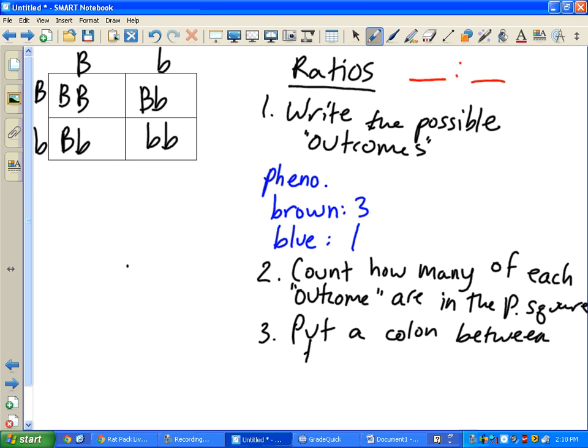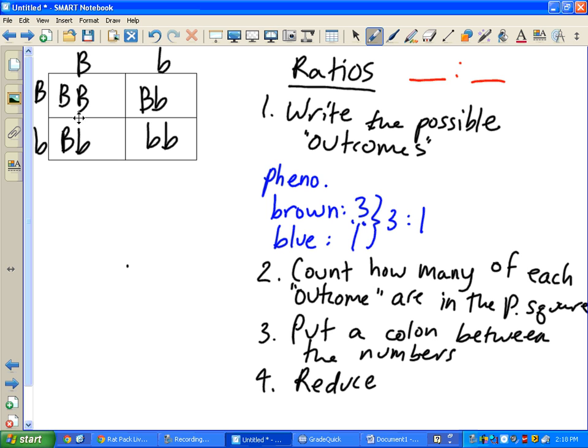Between the numbers. All right, and then if you can, you reduce at the end to make it look nice and pretty. So all we do is just put a colon right there. And so if you write that the right way, it would look like this. 3 to 1.